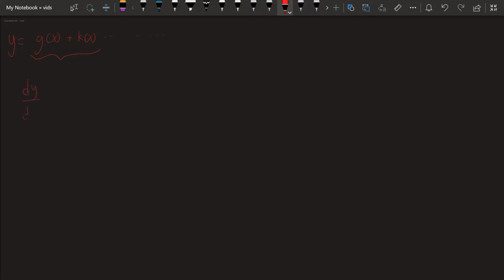So the derivative dy dx is equal to the derivative of the first function plus the derivative of the second function. Pretty easy rule to memorize, right? If you have y and it's equal to two different functions, then the derivative is going to be the sum of their derivatives.